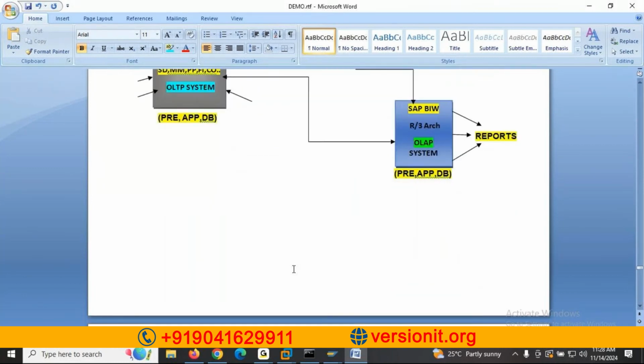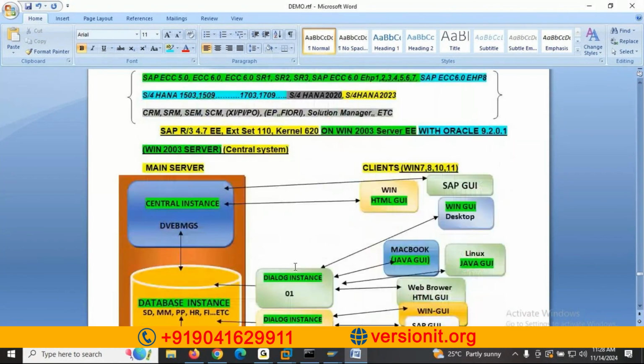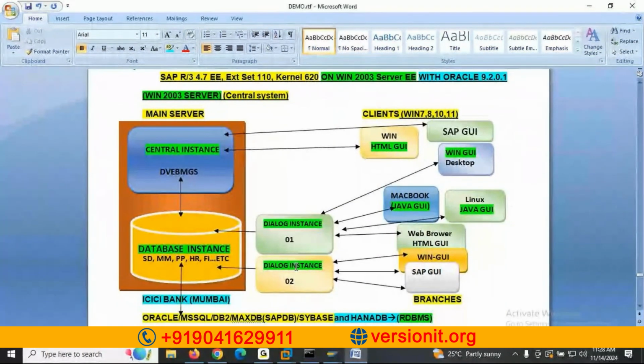Right. Now let us go into a little more detail on the subject. Write down: any SAP systems which are designed on three tier have specific names.